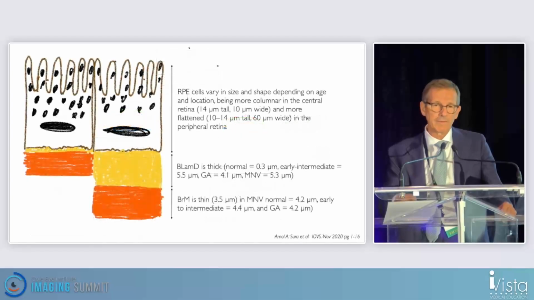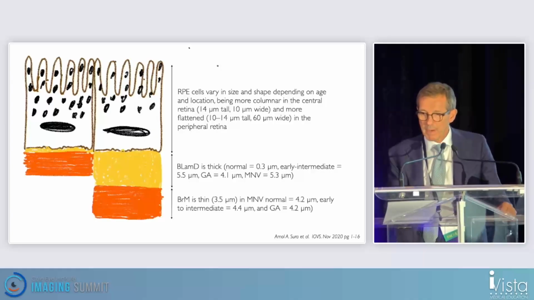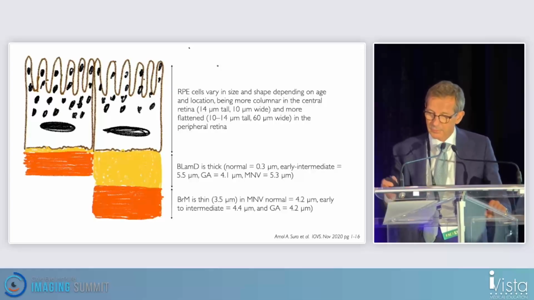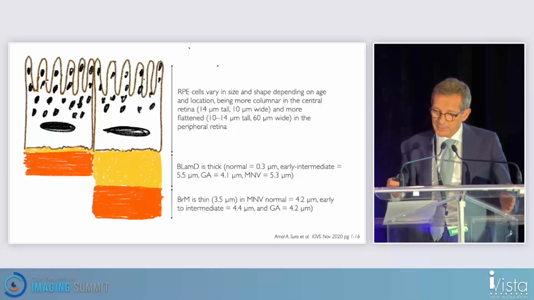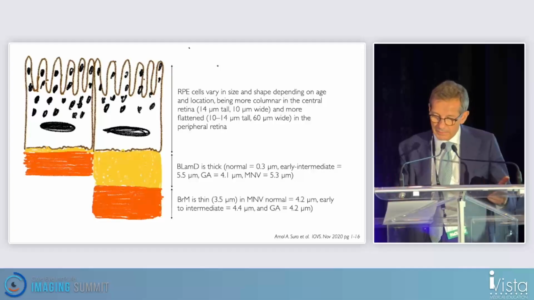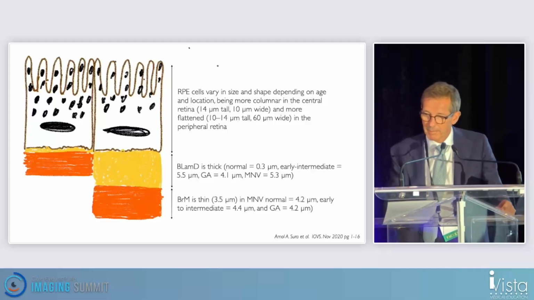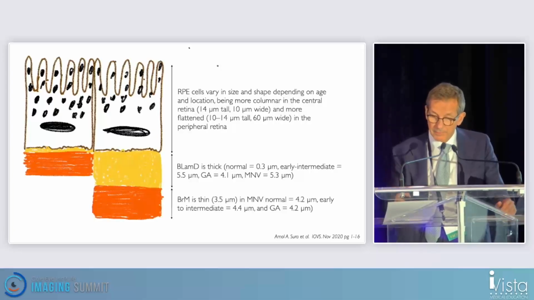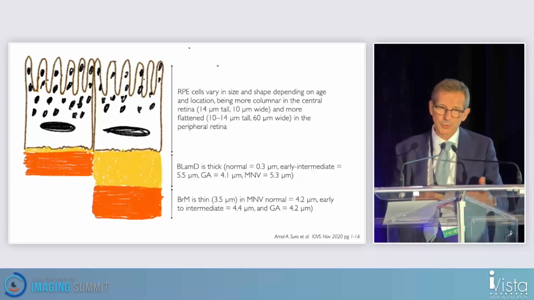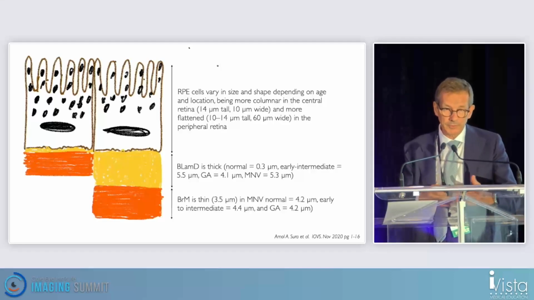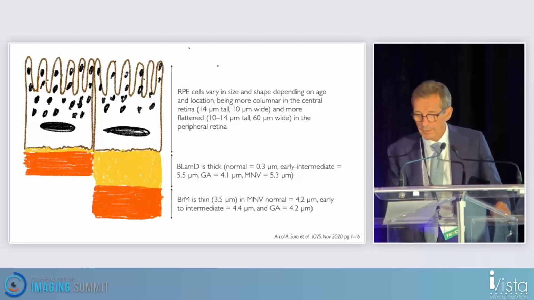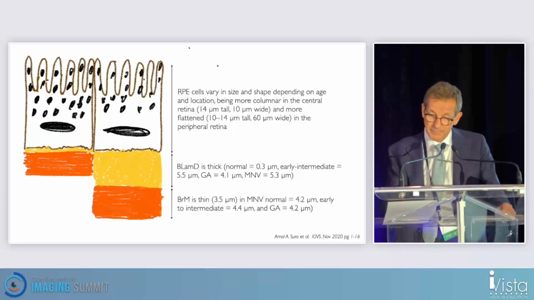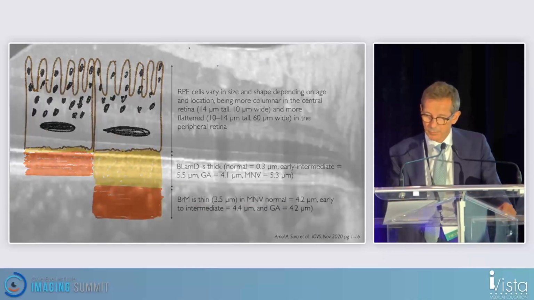And why now it's possible, and also it's possible to measure, because if you look at the measurement of the basal laminar thickness, you see that in a normal subject you have around 0.3 microns, and move to 4 microns, but if you have a resolution of 7, it's quite impossible to differentiate. So this is why I think in that case it's important.